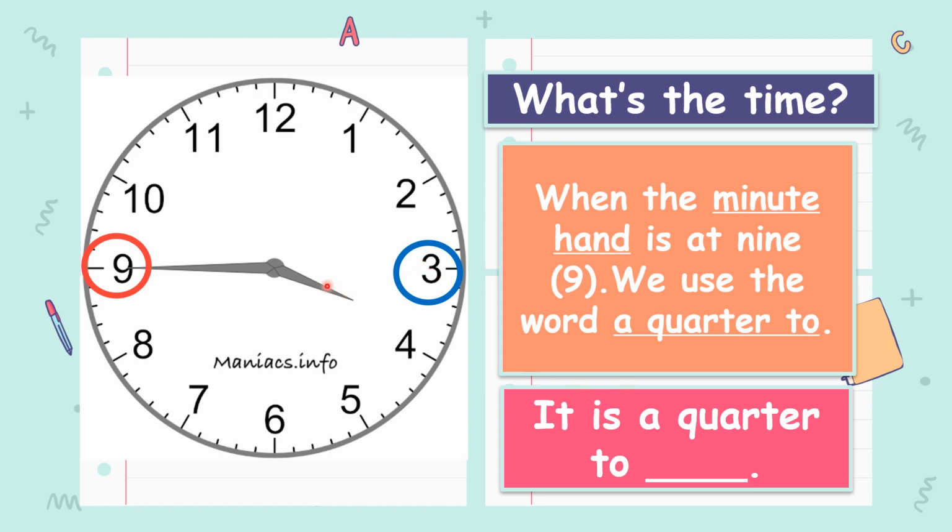So, if we look at this time here, it hasn't reached 4. So the hour is 3. We need to write 3 plus 1 because it's a quarter to. 3 plus 1. So the answer would be, yes, 4. It is a quarter to 4.